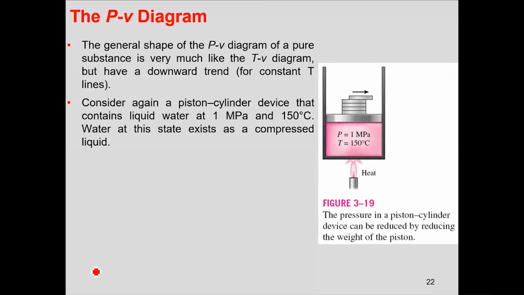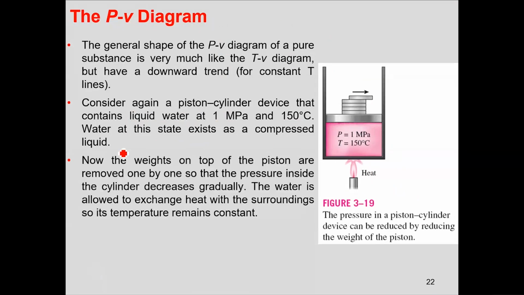So how are you decreasing the pressure? You are removing the weights from the piston one by one, which results in a decrease in pressure inside the cylinder. As a result, the piston expands, and the temperature drop is made up by heat exchange from the surroundings, which keeps the temperature constant.